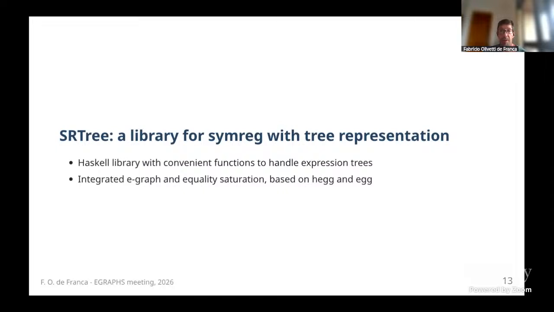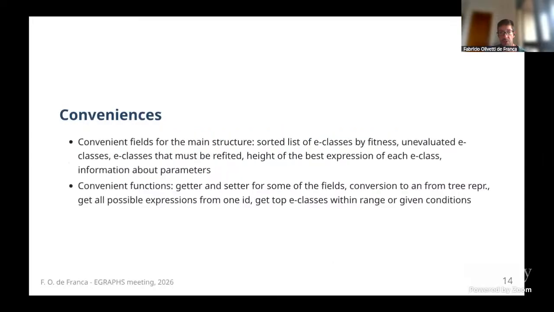Together with this library, I also implemented an e-graph and equality saturation based on HEG and egg, but with some adaptations to try to mitigate this problem of exponential growth. So in this implementation of the e-graphs, I added some convenient fields for the main structure, convenient for the symbolic regression case. So for example, I have a sorted list of e-classes sorted by the fitness.